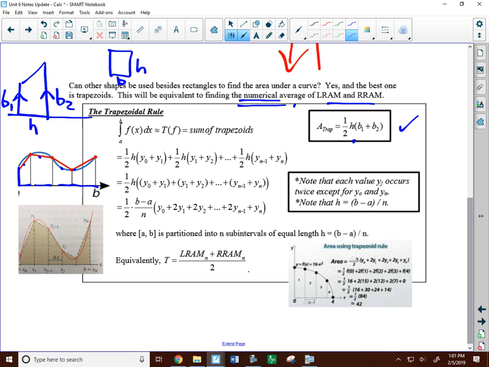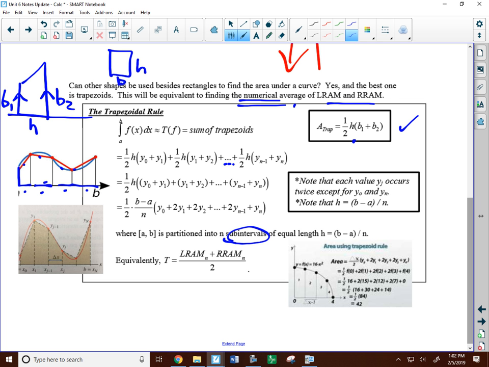For this rule, it only works if you use equal subintervals, meaning equal trapezoids. The heights, the bottom part here, have to be the same. So here's what we're going to do. We're going to add up all of the trapezoids. We don't know how many there are, so we write dot, dot, dot until we get to the last one.